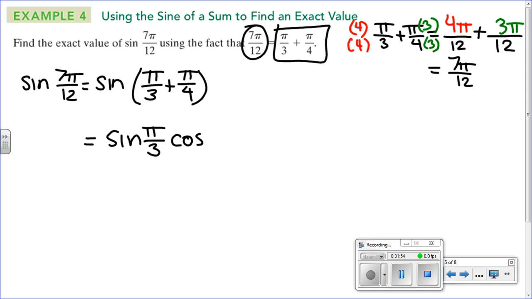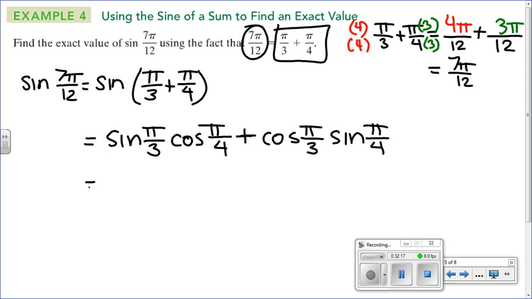Cosine of the first angle, and then of the second. Very good. You need to be very careful when you choose your formula and when you substitute, especially if it's a plus or a minus. Okay, so then here we're going to replace the values.